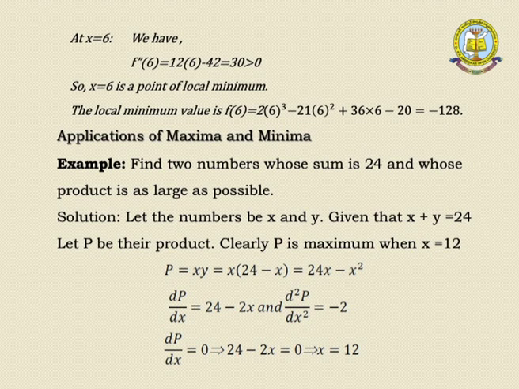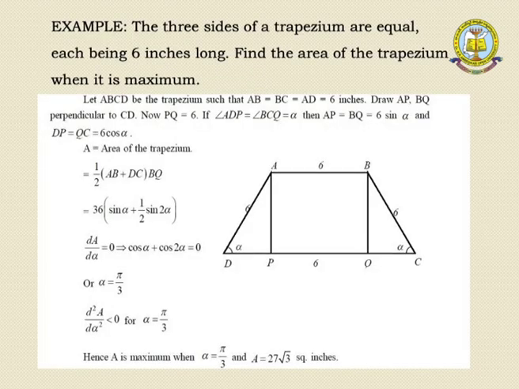And the next one, you see, the three sides of a trapezium are equal, each being 6 inches long. Find the area of the trapezium when it is maximum. All of us know the area of the trapezium, half into the sum of the parallel sides into height.